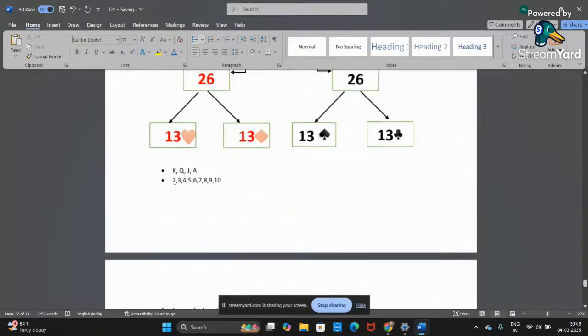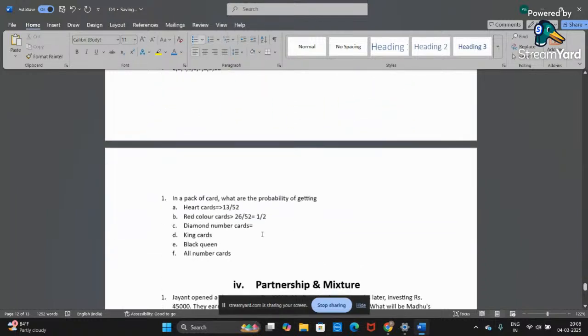How many number cards are there? 1, 2, 3, 4, 5, 6, 7, 8, 9. So there are 9 number cards out of how much? 52 cards. This is your probability of getting diamond number cards. Next, we'll move on to find the next one.